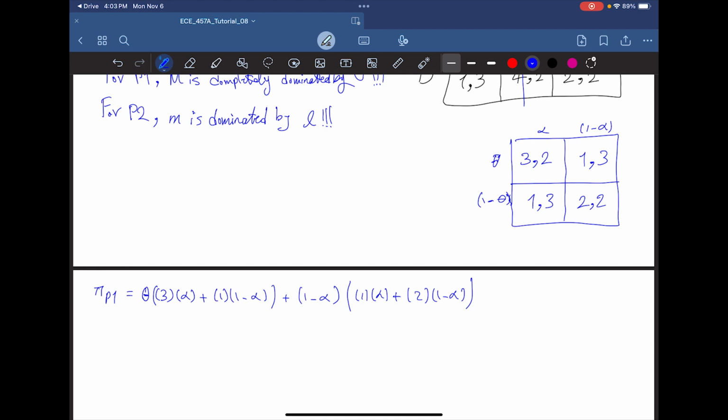And this will be 3 alpha theta minus alpha minus theta plus 2.